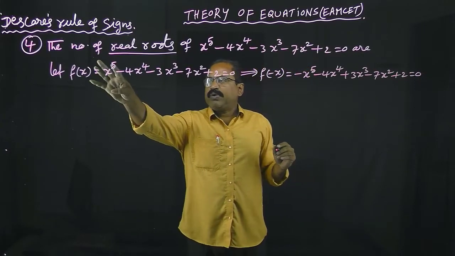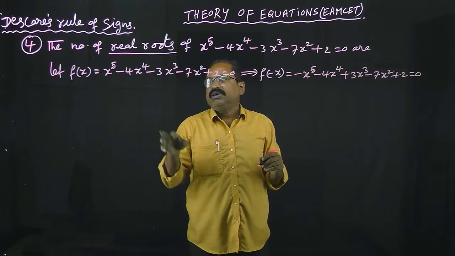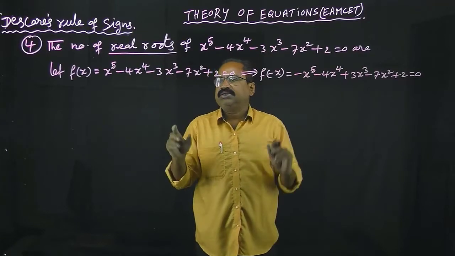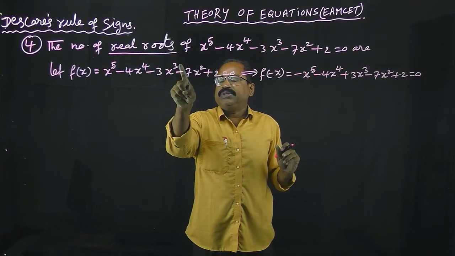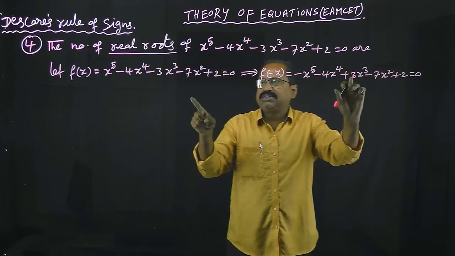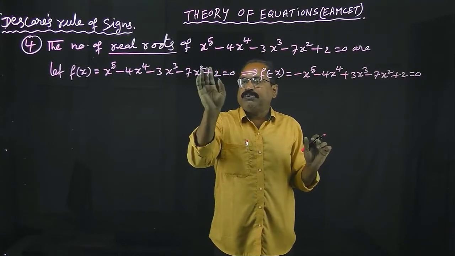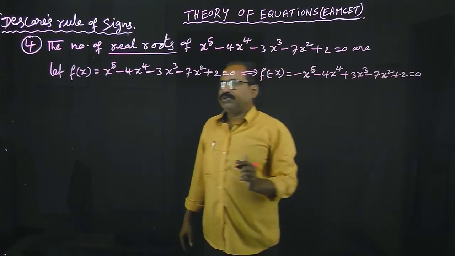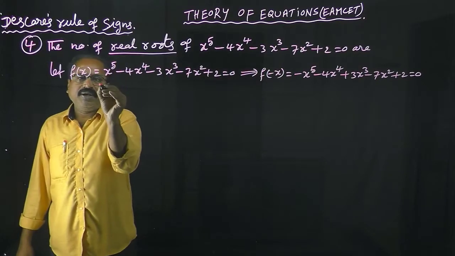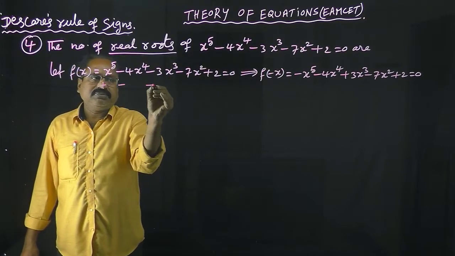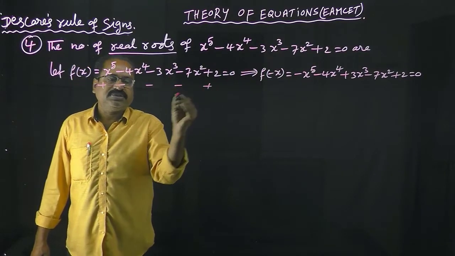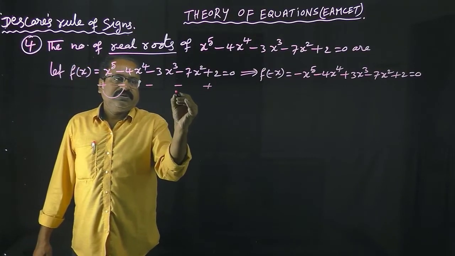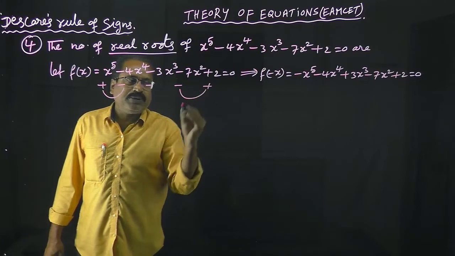(-x)^5 is minus, (-x)^4 is plus, plus into minus is minus, (-x)^3 is minus, here minus into minus is plus, (-x)^2 is plus, plus into minus is minus, -7x^2 + 2 = 0. Here plus, minus, minus, minus, plus. Plus 2 minus, minus 2 plus.